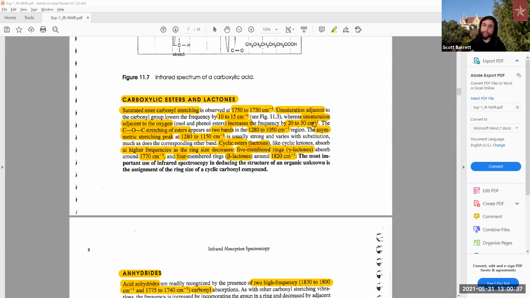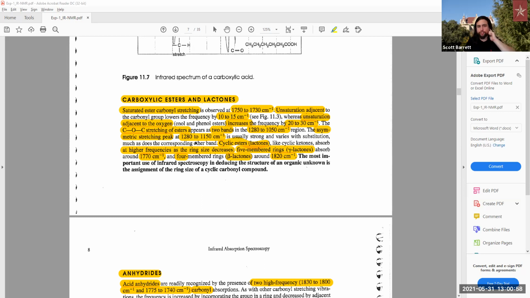So if you were analyzing only a carboxylic ester, it'd be much different than if you were analyzing a carboxylic ester in a compound with adjacent unsaturation, etc. And the carbon-oxygen-carbon stretching of esters appears as two bands in the 1280 to 1050 inverse centimeter region. So you could also look there.